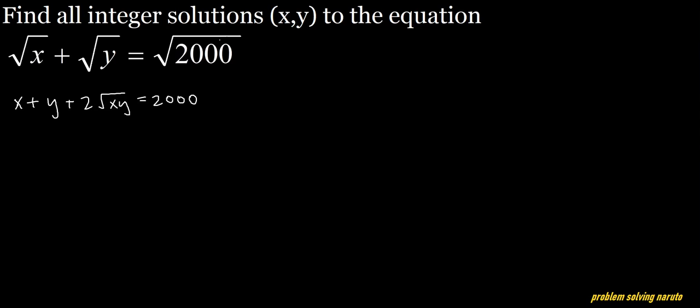As you can imagine, we are looking for integer solutions, which means we need to rely on divisibility. At this point we can say that xy is a square, but other than that, there's not much we can say. So let's try to get rid of the square root again.